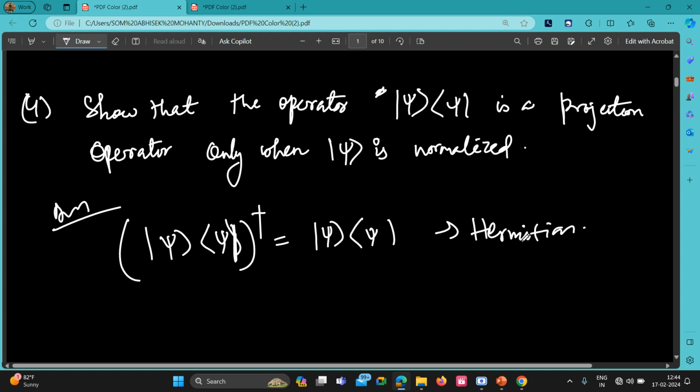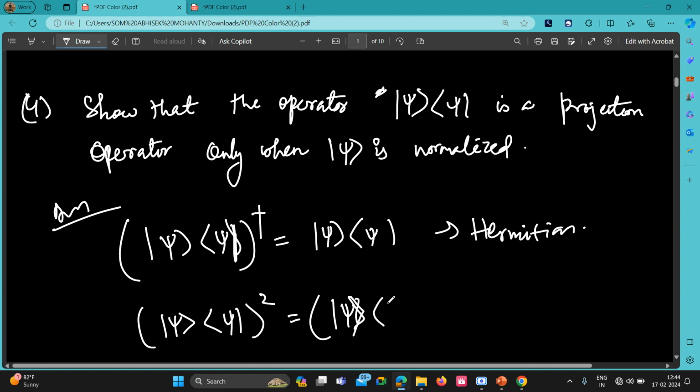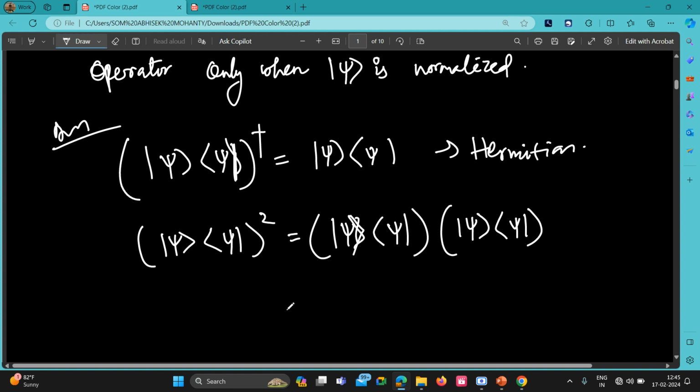If we assume this is Hermitian, and you take the square of it, that would be how much? It's very confusing to write this thing sometimes. I will open just the brackets.